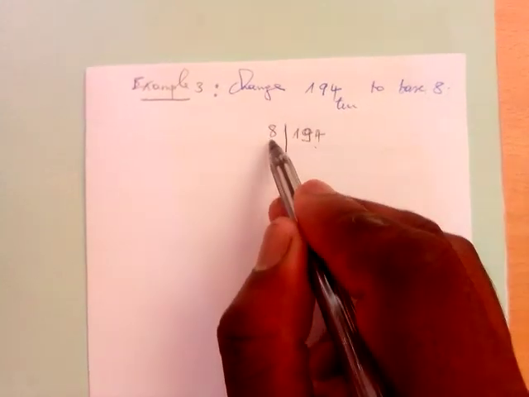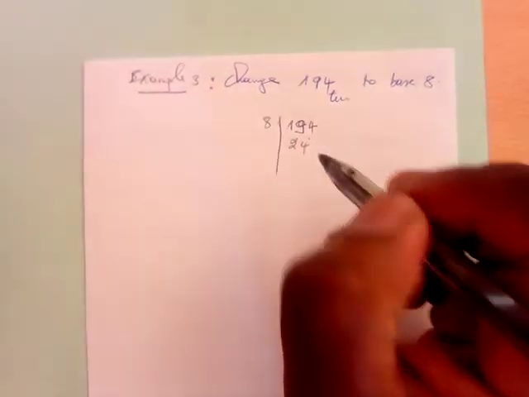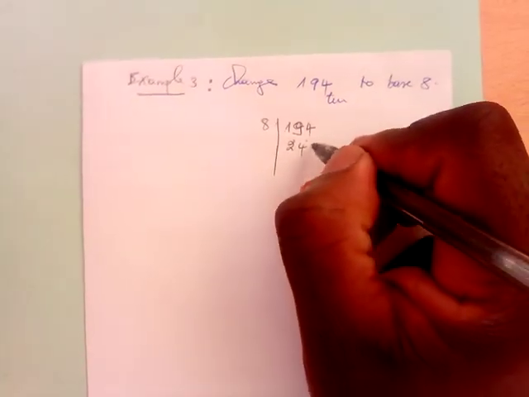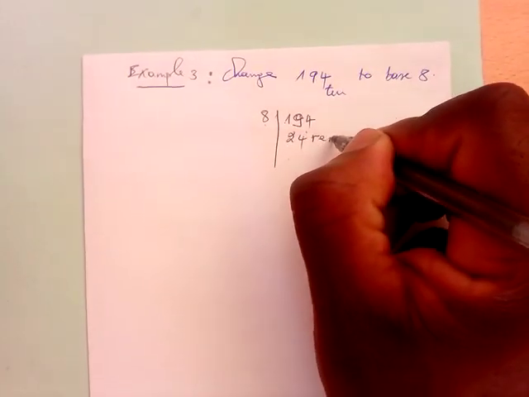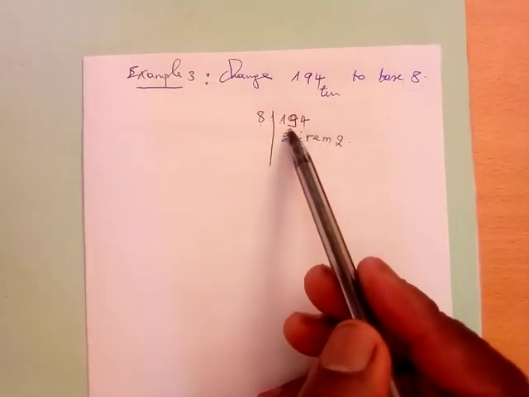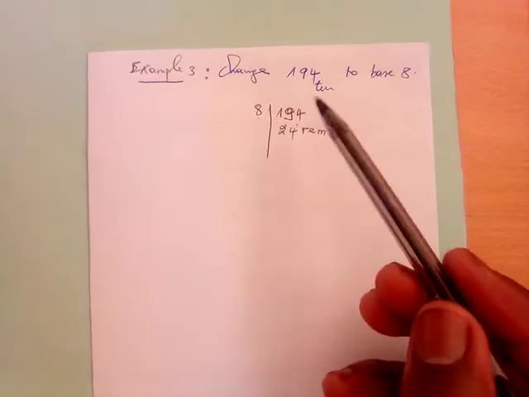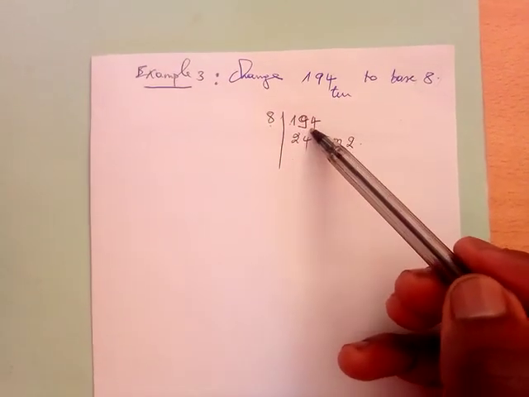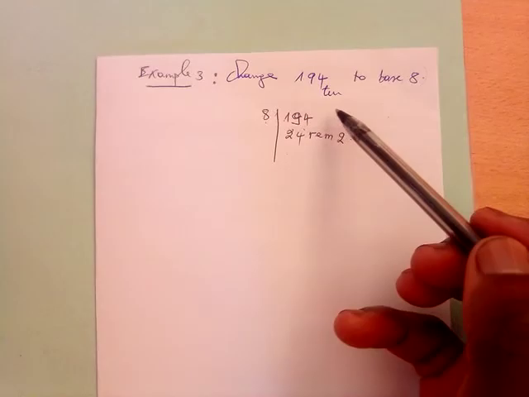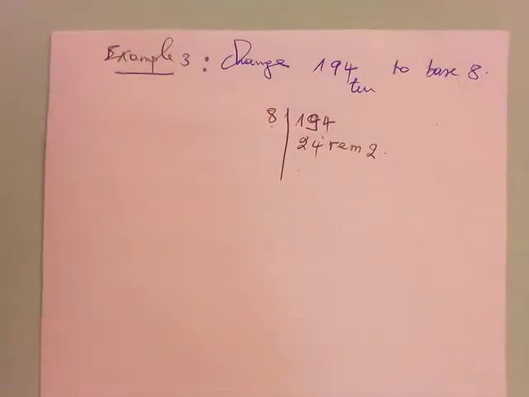194 divided by 8, we will have 24, with a remainder of 2. If we have 24 times 8, we will have 192, plus this 2, which is equal to 194.